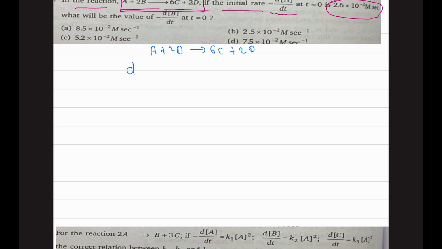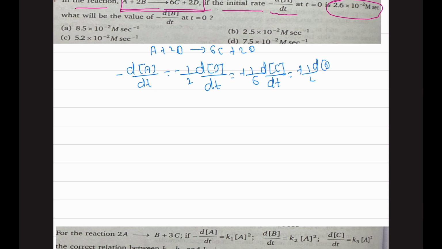I can write minus dA by dt equals minus 1 by 2 dB by dt equals plus 1 by 6 d[C] by dt equals plus 1 by 2 d[D] by dt.